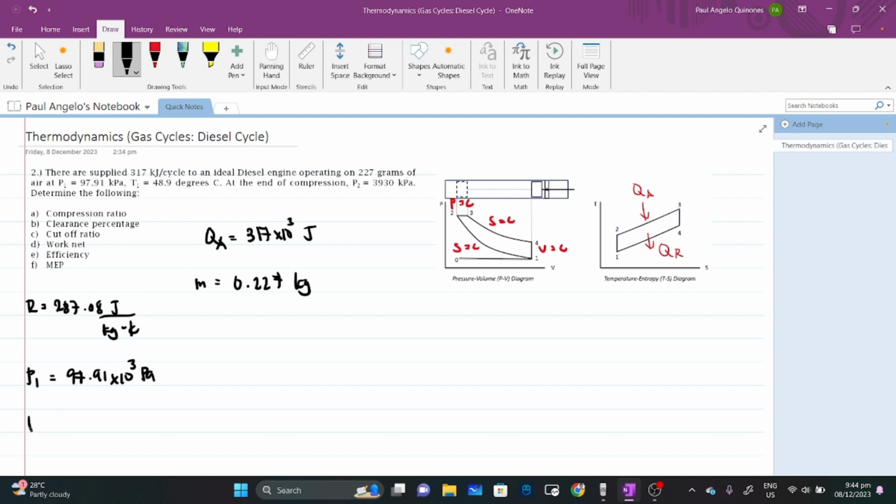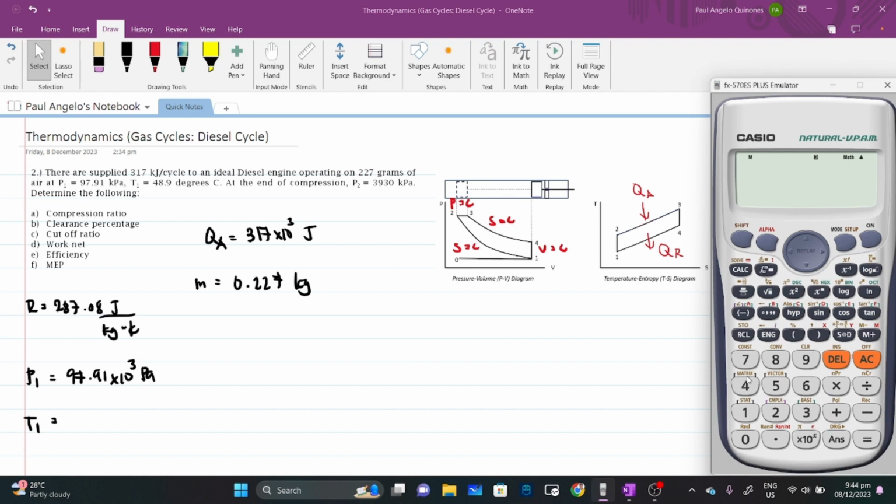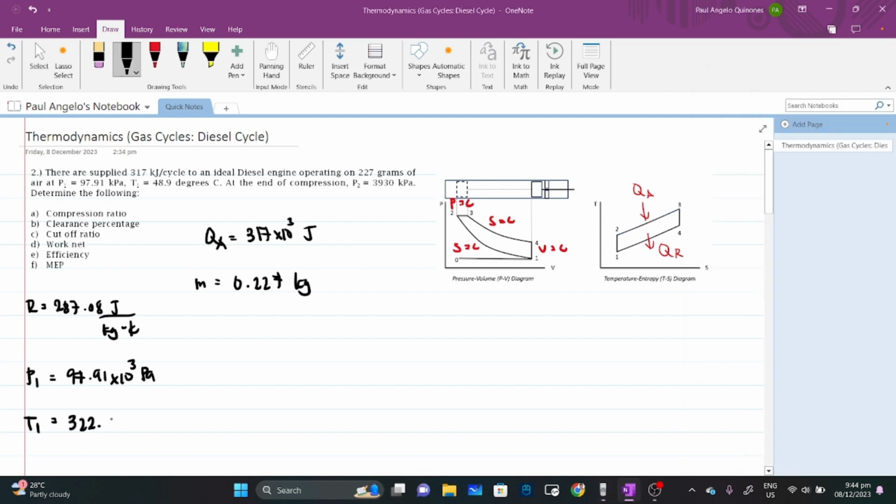And then T sub 1 is equal to 48.9 plus 273.15, so equal to 322.05 Kelvin. And at the end of compression, that is point 2, the pressure is now 3,930 kilopascal.